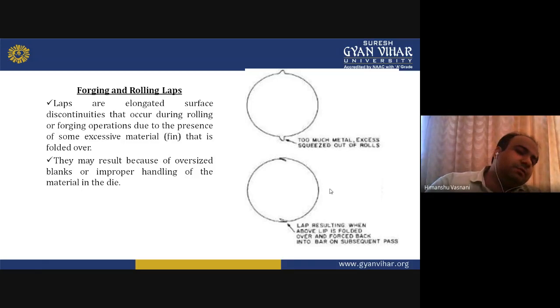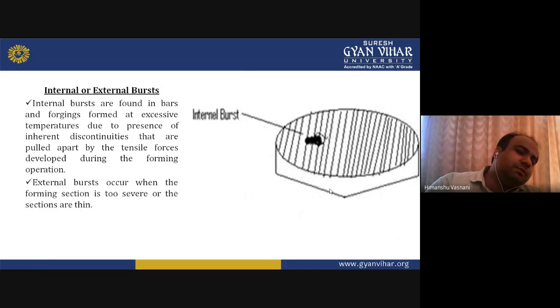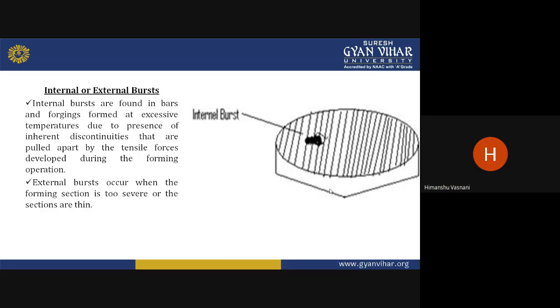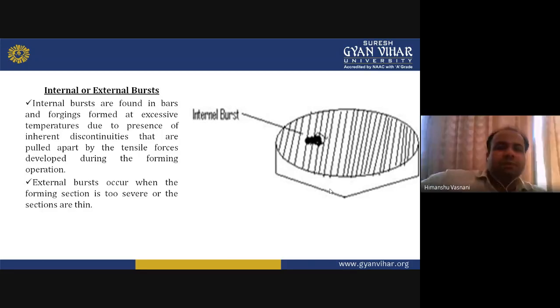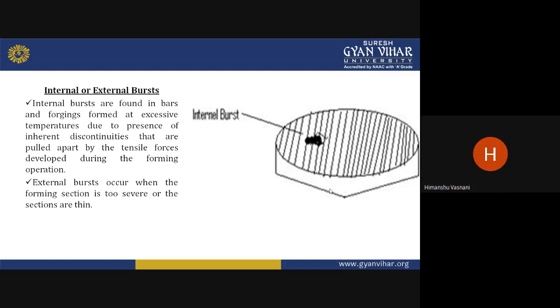Then internal burst or external burst. Internal bursts are found in bars and forgings formed at excessive temperatures, due to the presence of inherent discontinuities that are pulled apart by tensile force developed during the forming operation. As the name says, internal burst.